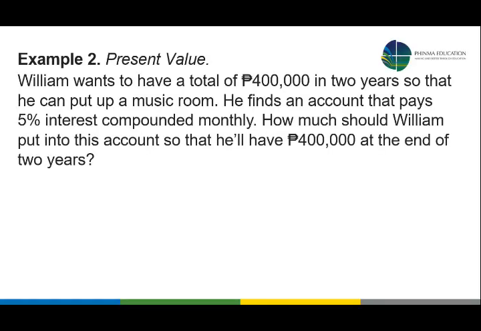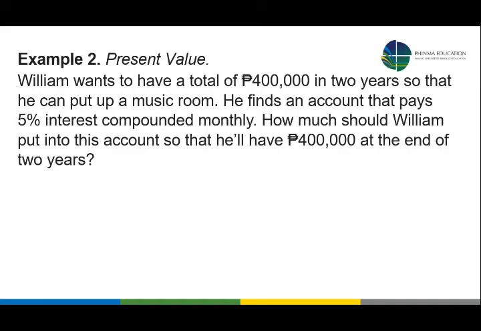For example 2, we have the present value. The problem is: William wants to have a total of 400,000 pesos in 2 years so that he can put up a music room. He finds an account that pays 5% interest compounded monthly. How much should William put into this account so that he'll have 400,000 pesos at the end of 2 years?